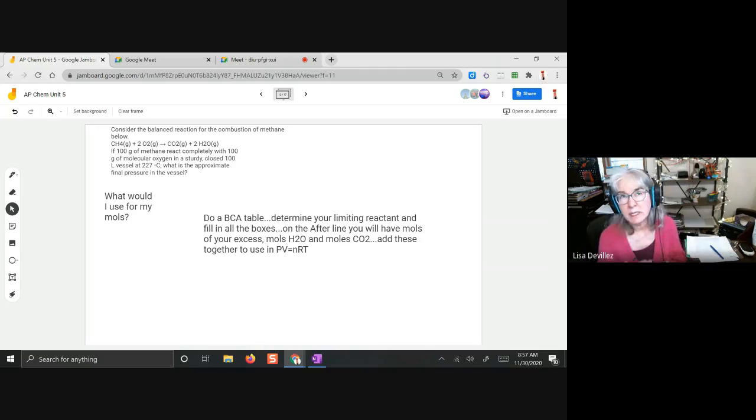This is one of the ways BCA tables come in really handy: you just do your BCA table and look at the after line. Here, everything is a gas, so you'll have moles of whatever your excess is left over, moles of carbon dioxide, and moles of water. You add all those together, and that will be the moles you use in your PV = nRT to find your pressure. Okay.